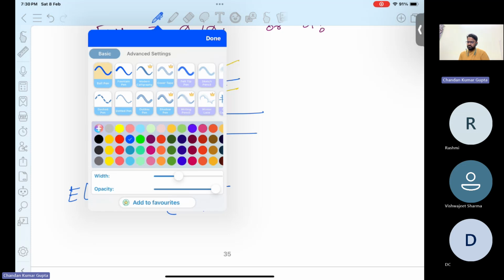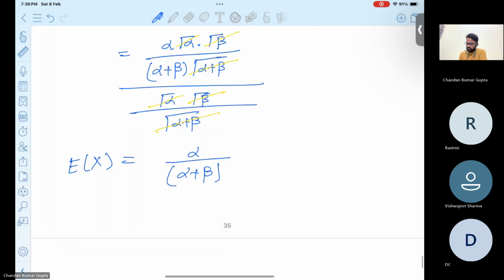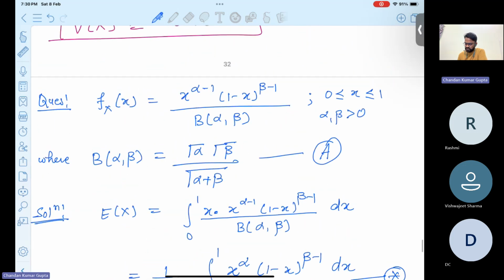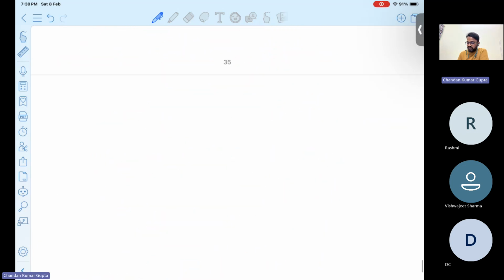So the actual answer is alpha upon alpha plus beta. This is the first order moment, the expectation of x, for which the given PDF is this. Okay, again, we need to calculate the variance of x as well.